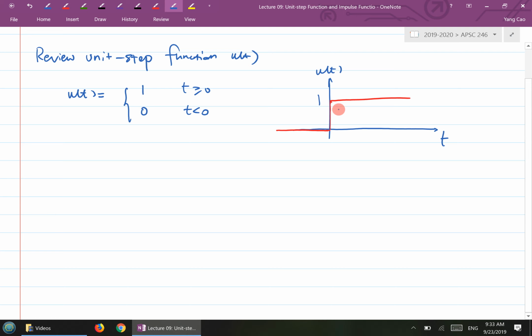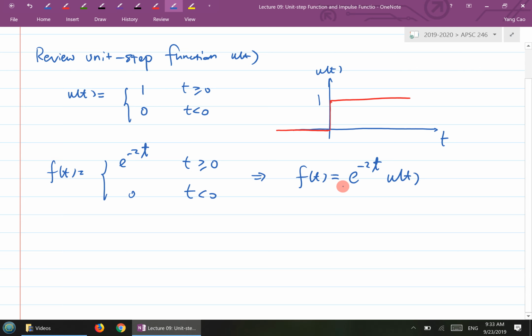For example, we learned that if you have f of t, which is an exponential function, then alternatively we can represent this f of t as e to the power negative 2t times u of t. That will give you this f of t instead of writing it piecewise.